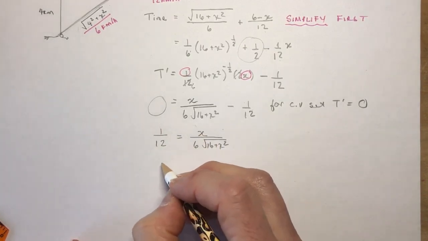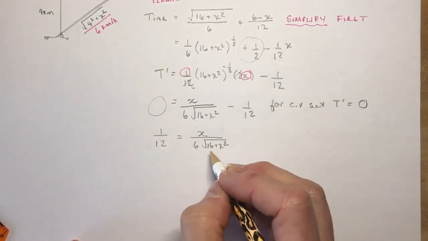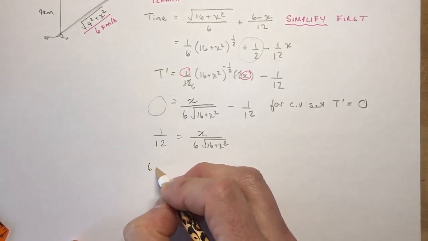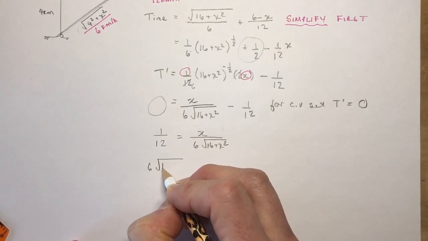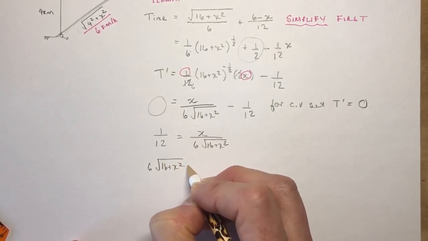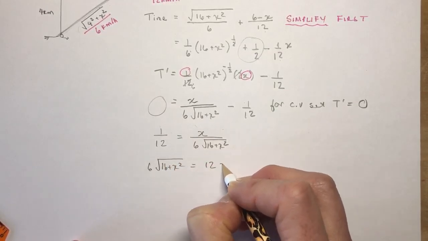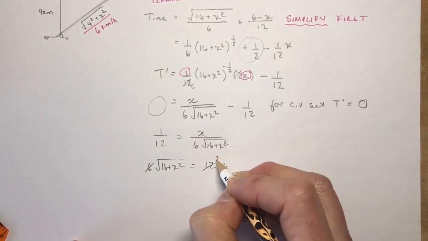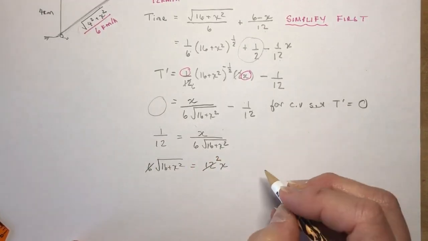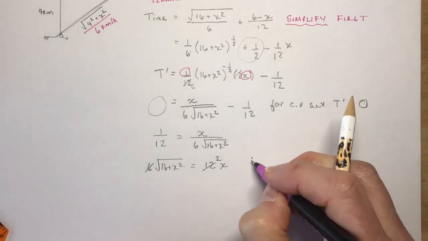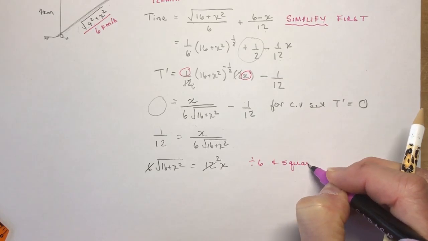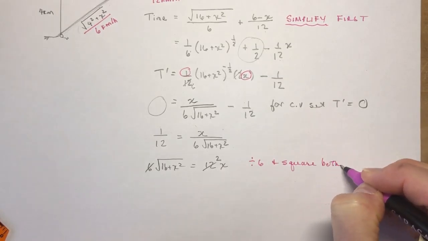So let's write that out. So I'm just going to really cross multiply here. So I'm going to get 6 square root 16 plus x squared is equal to 12x. I divide both by 6, makes this 2. I square, so divide by 6 and square both sides.